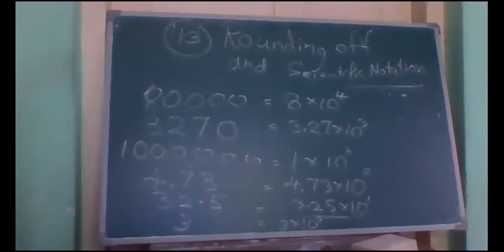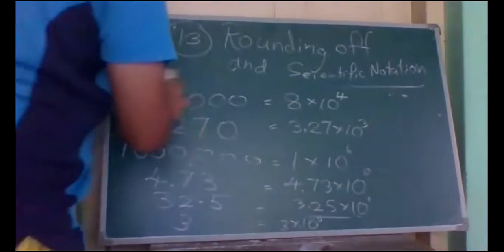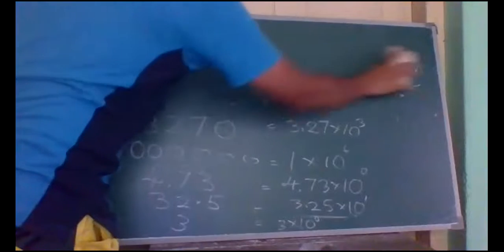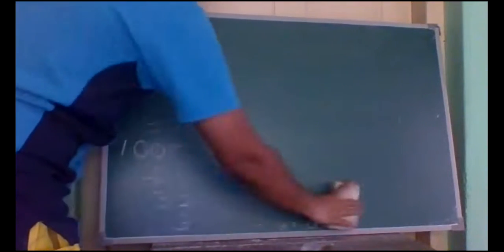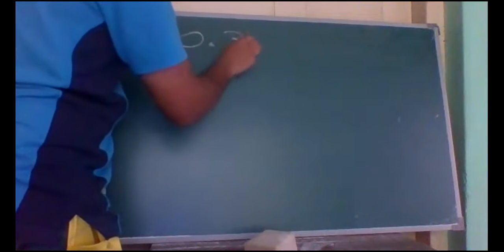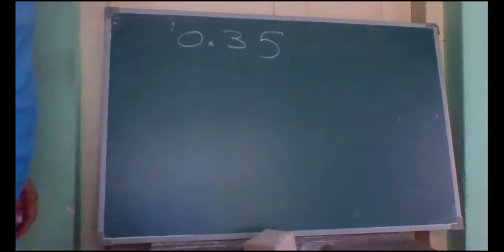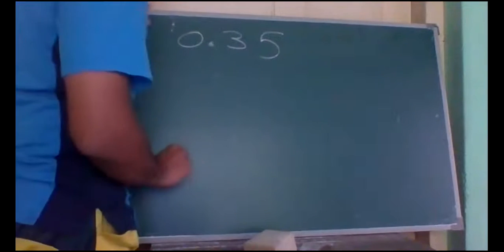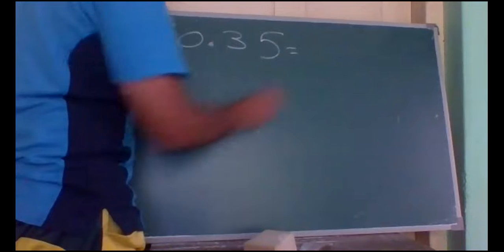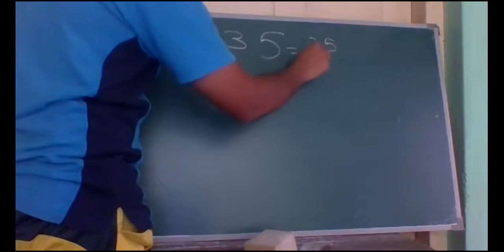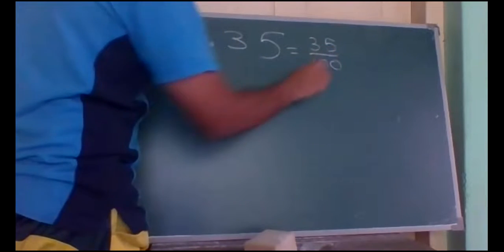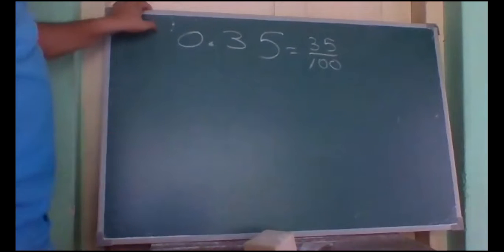Let's see. Assume you have a number like this: 0.35. How to write this one? You can write it as 35 over 100.